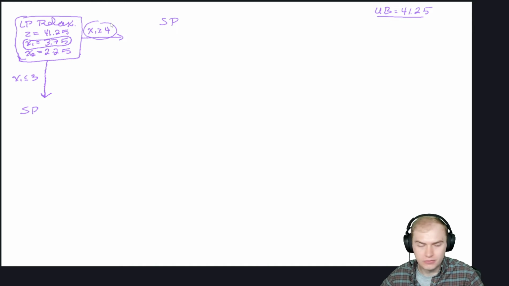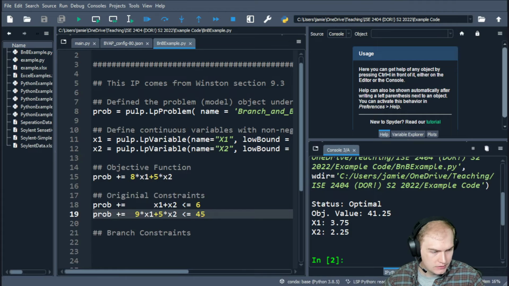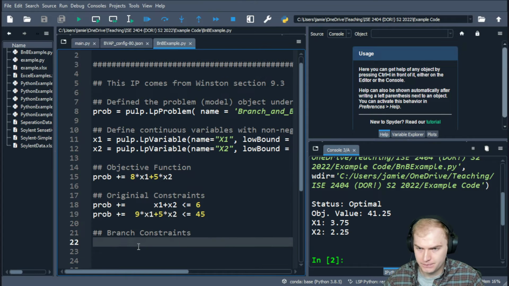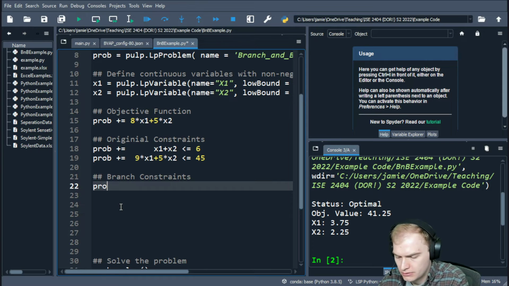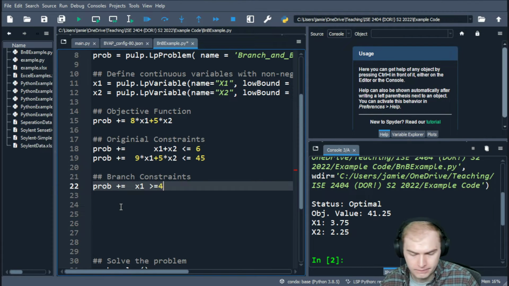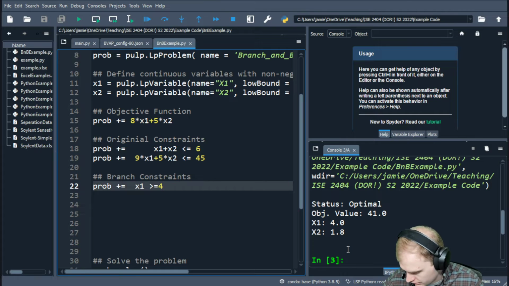X1 greater than or equal to 4. So let's add that to our Python script. Bring it down here to this new section. X1 greater than or equal to 4. Solve the problem, and we have a new solution.